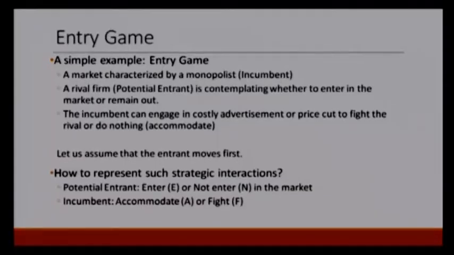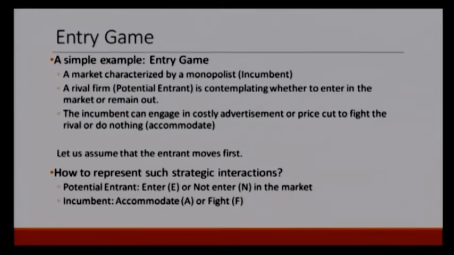So, this firm, we will call incumbent, as it is already present in the market. Now, the next step is that a rival firm, we will call them entrant, because it is thinking of entering the market, is contemplating whether to enter the market or remain out.